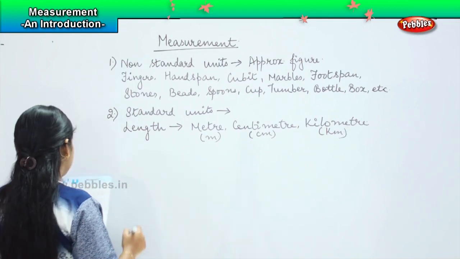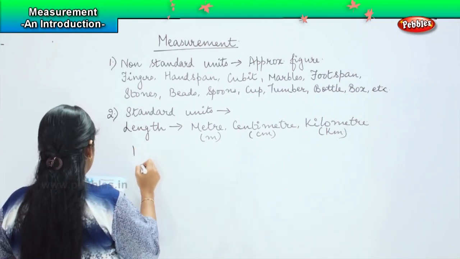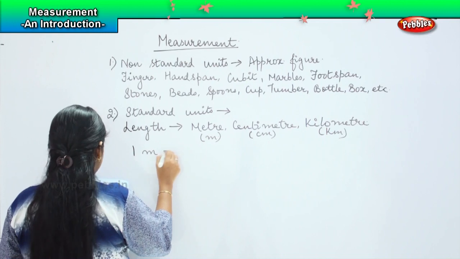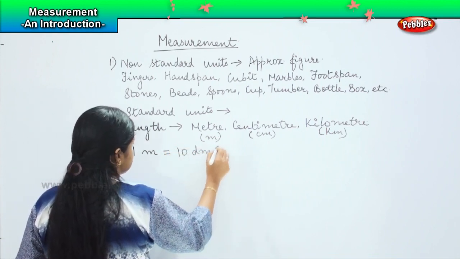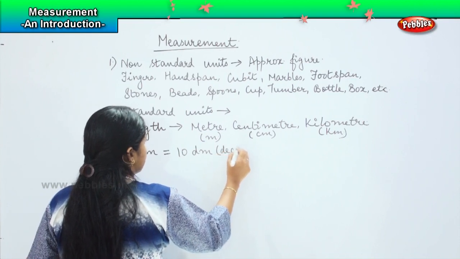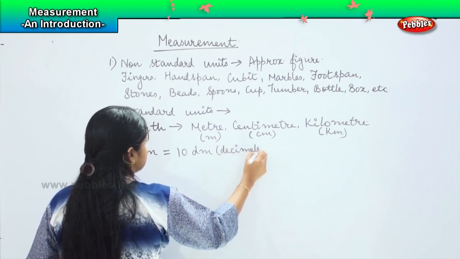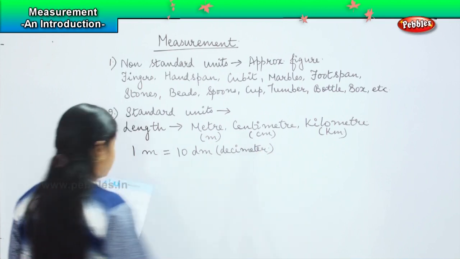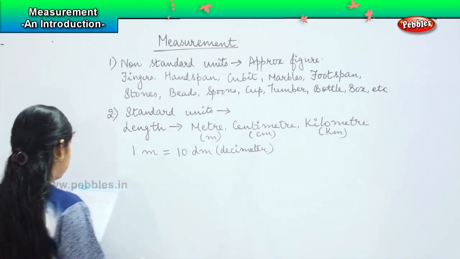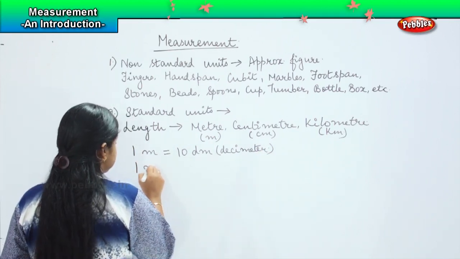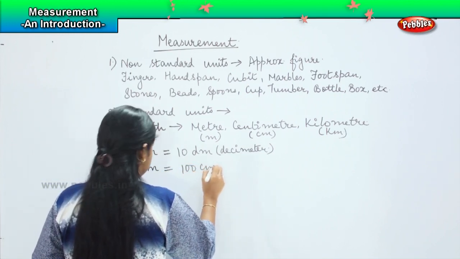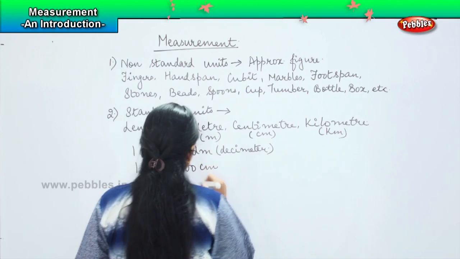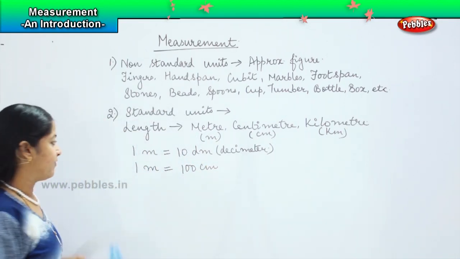And the standard units which we use is 1 meter is equal to 10 decimeter. So dm stands for decimeter. Okay. The next one is 1 meter is equal to 100 centimeter. This is the second value.